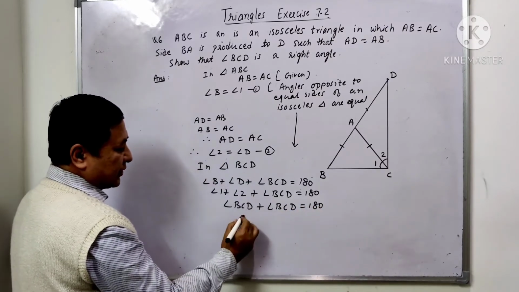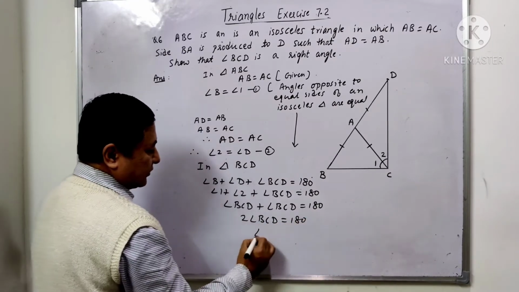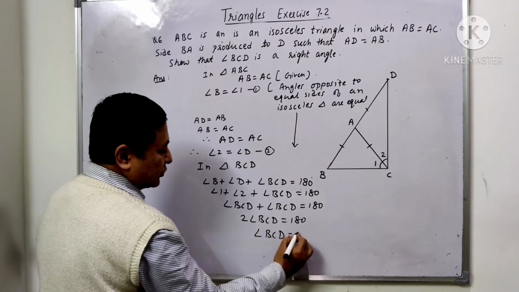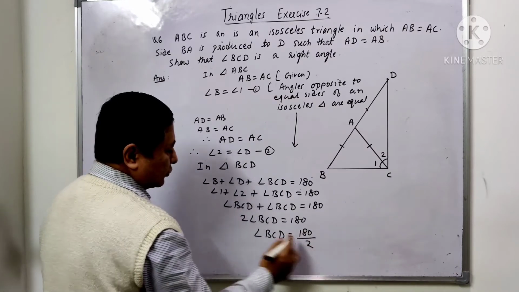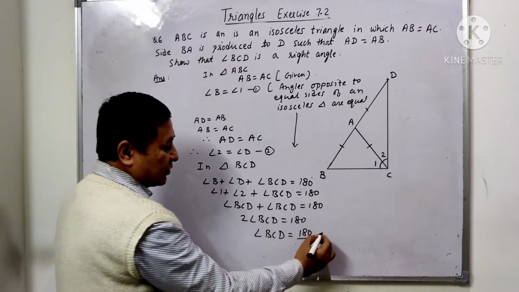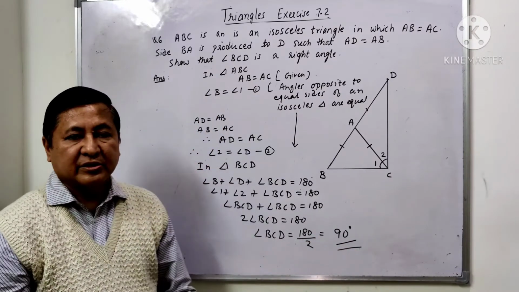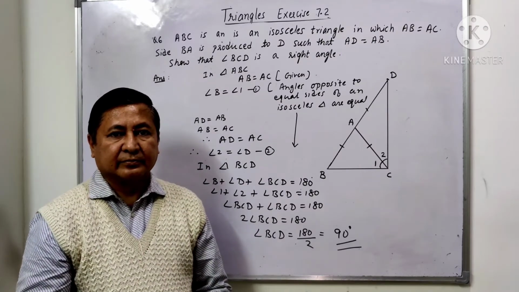If we add this, it becomes twice angle BCD is equal to 180, and therefore BCD will be equal to 180 upon 2, which is 90 degrees. So angle BCD is equal to 90 degrees.